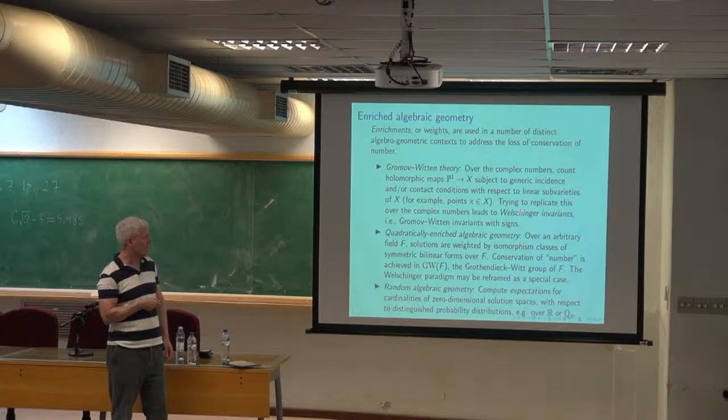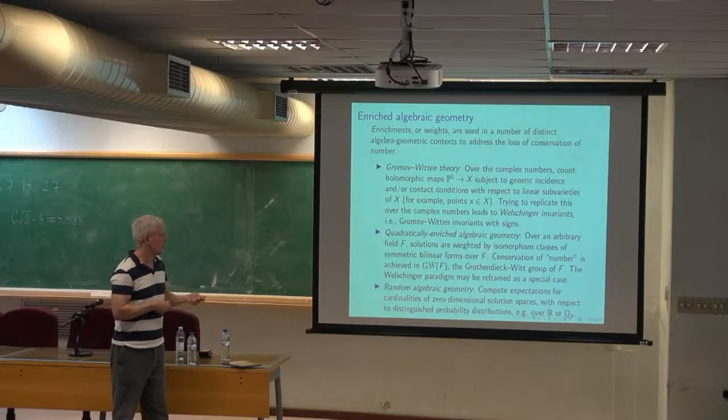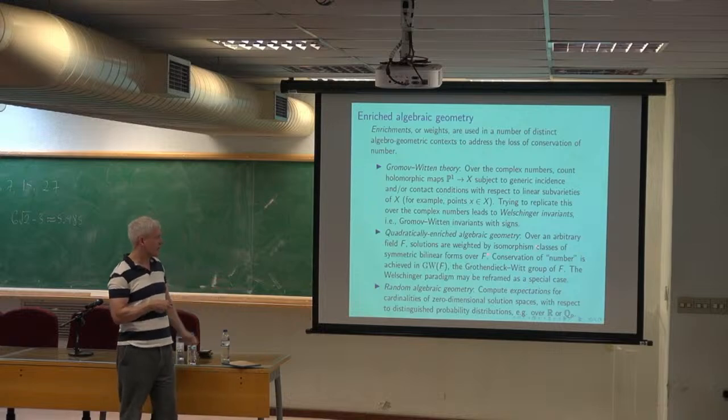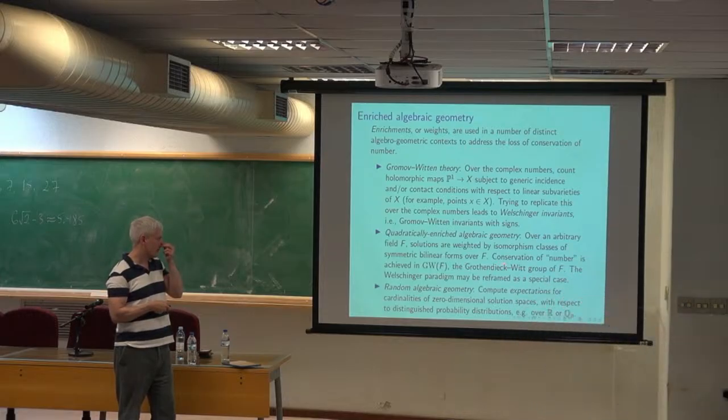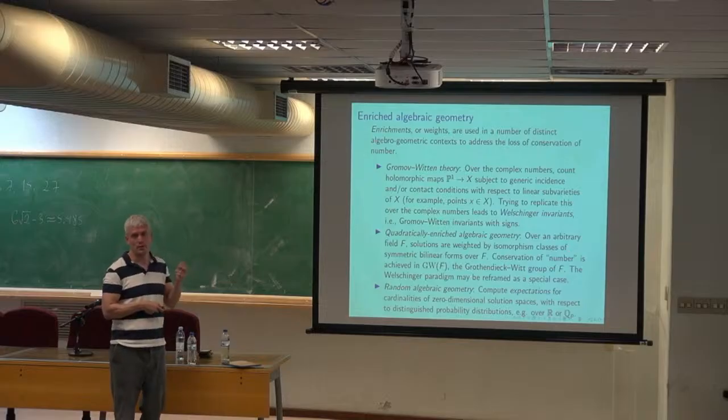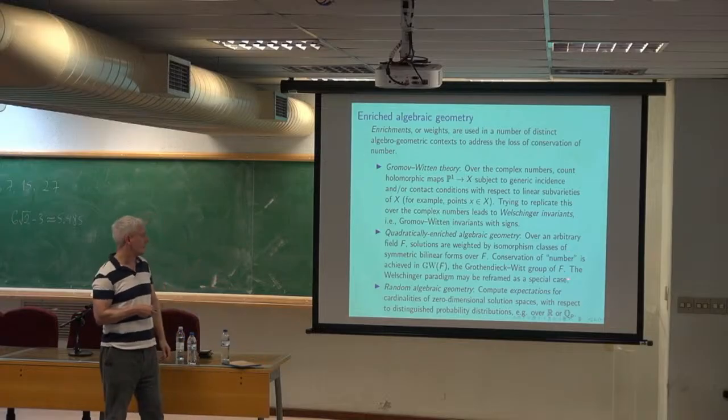Counting with signs over the real numbers is going to be a special case of this quadratically enriched algebraic geometry. In general, what we can do is compute formulas that are valued in the Grothendieck-Witt group of symmetric bilinear forms over the base field. I'll talk about this more in detail in a bit. But the idea is to replace the notion of number by quadratic forms. And Welschinger is a special case of this.